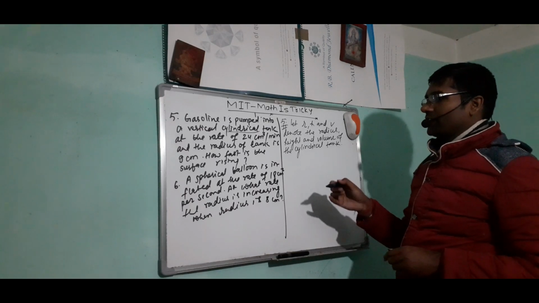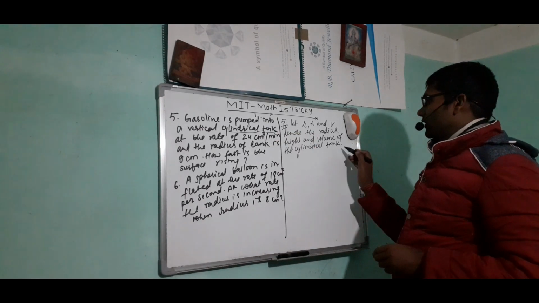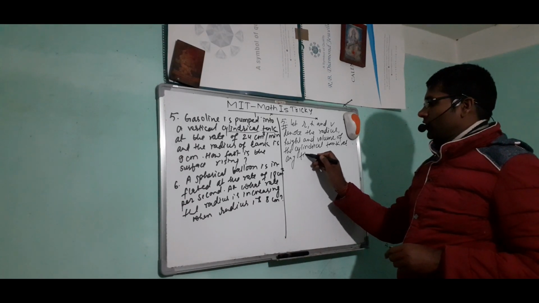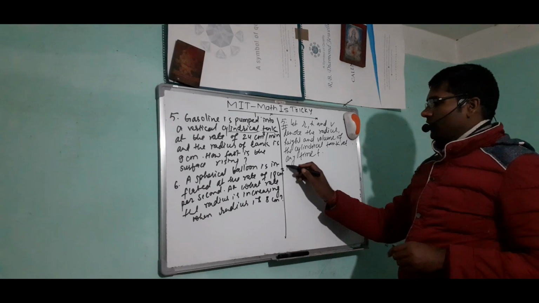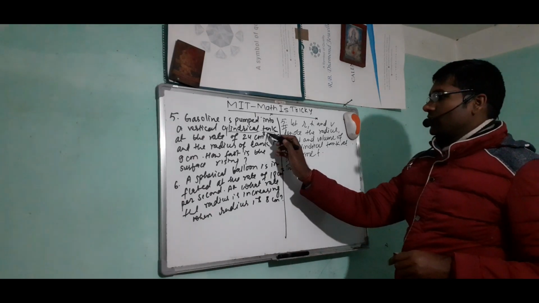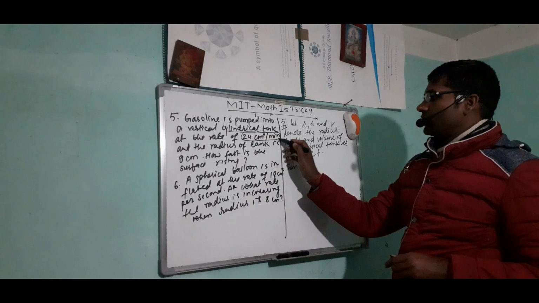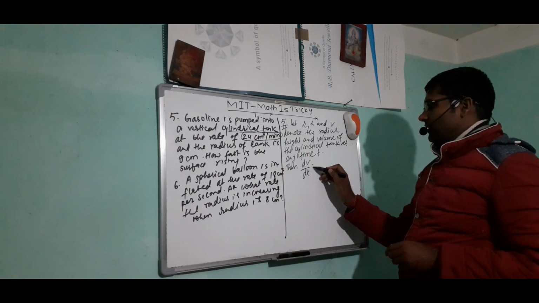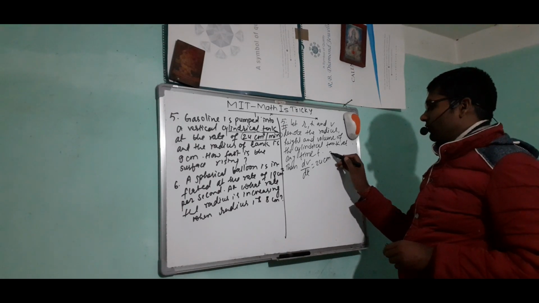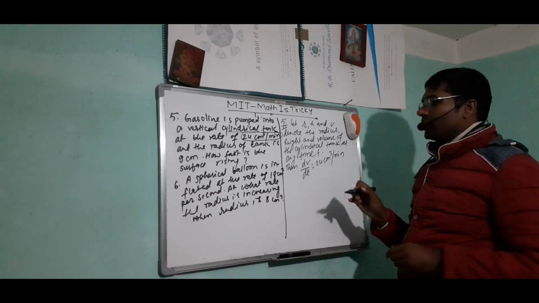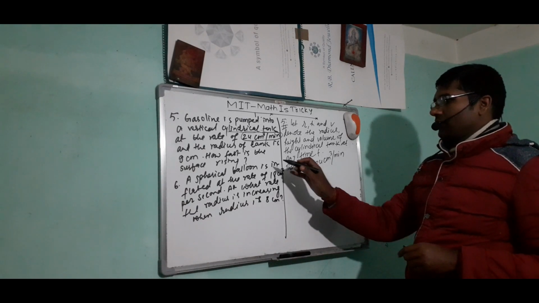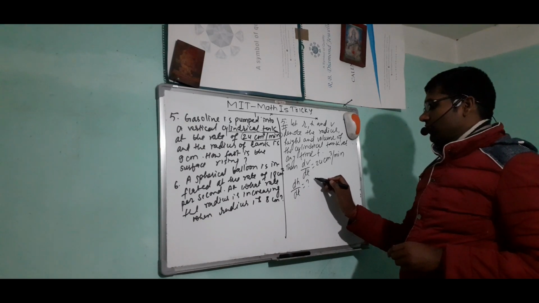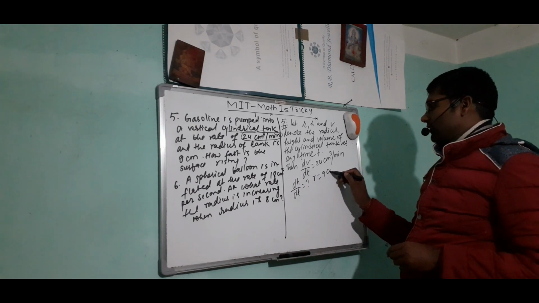Okay, so a cylindrical tank is given here. Then we can write, at any time t, what we are given here is 24 cm cube per minute. That means dV by dt is 24 cm cube per minute. Now we need to find dh by dt when the radius is 9 cm.